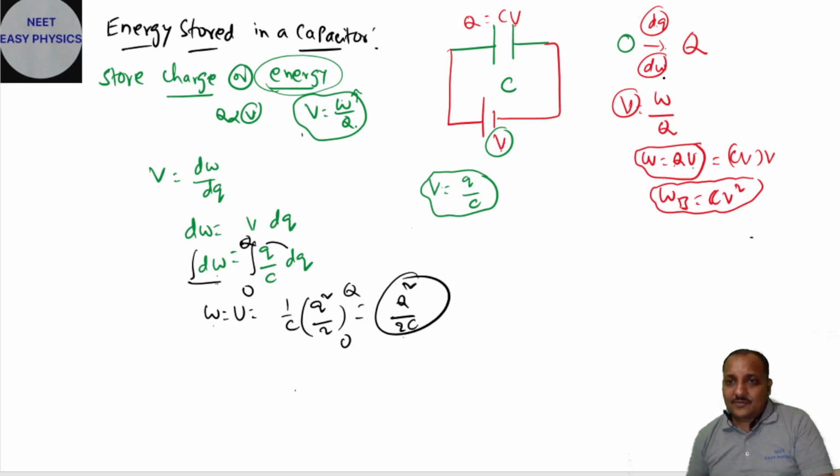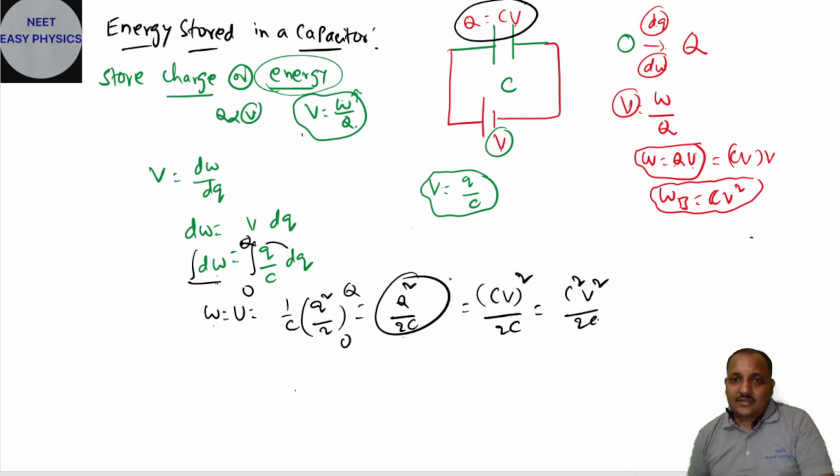Now, if you substitute Q is equal to CV, we get CV whole square by 2C, that is C square V square by 2C. If you cancel, we are going to get half CV square.